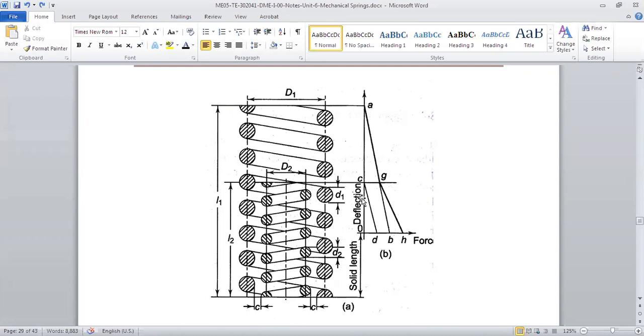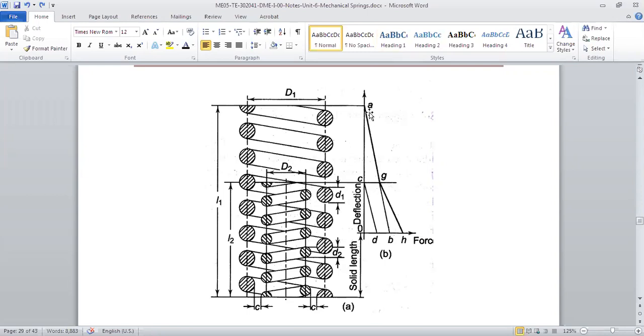If there is only the inside spring, forget that there is an outside spring, then CD will be force upon deflection. When force is zero, deflection is zero, and as the force goes up, the deflection will go up. Now the springs are concentric but have different lengths.